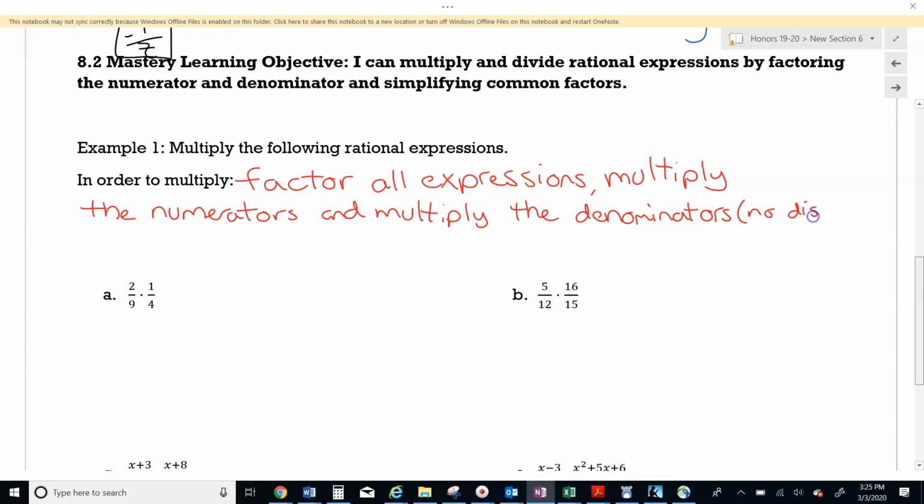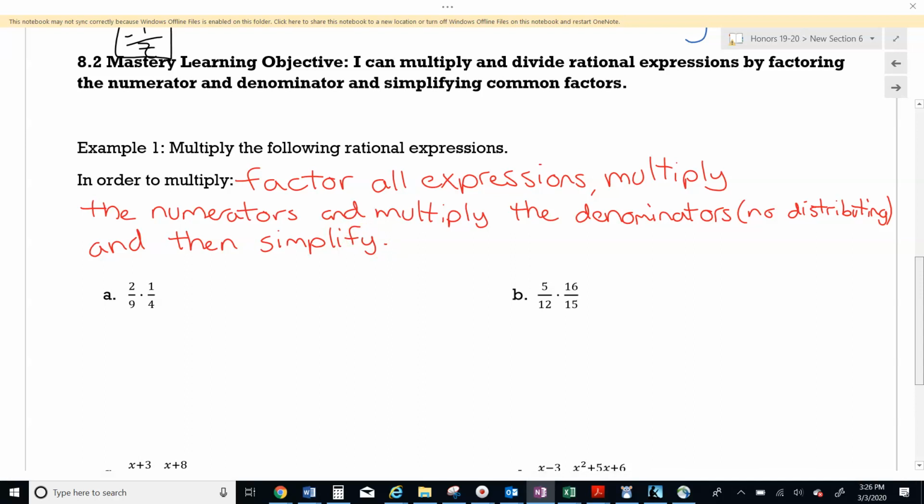No distributing ever really for what we're gonna do. And then simplify.